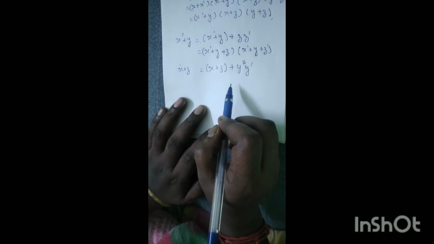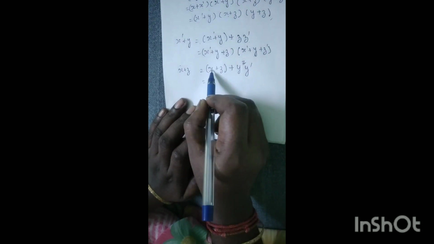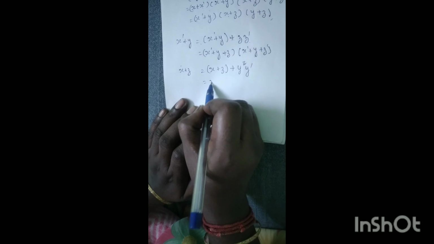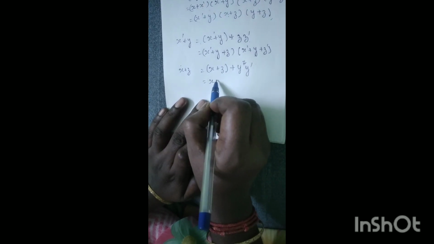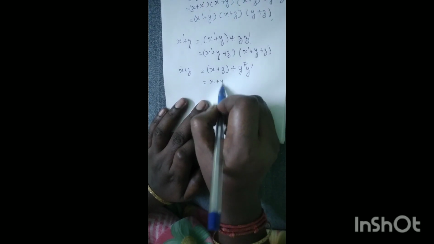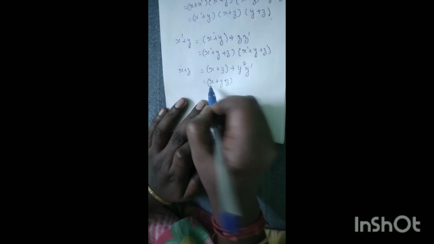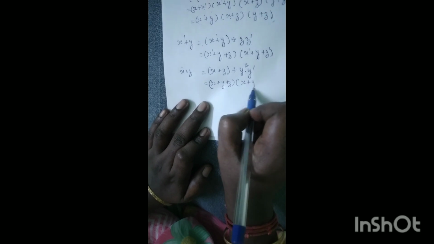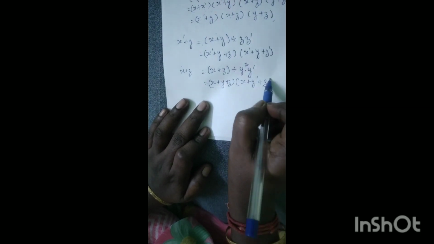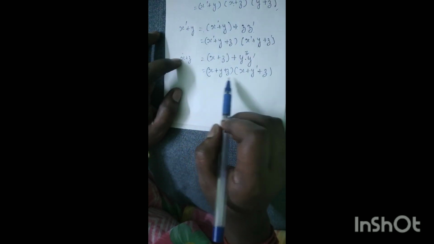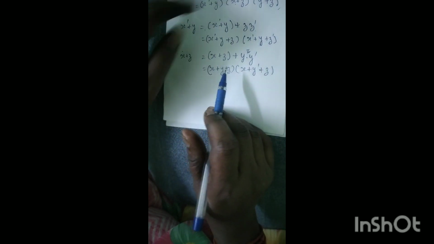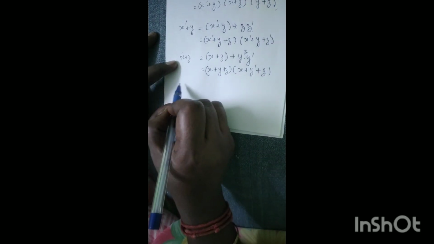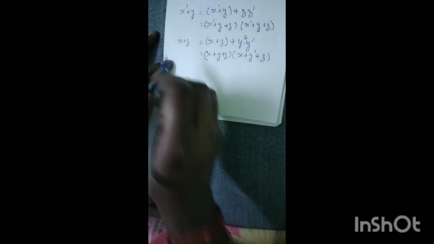Now we apply the distributive law. It becomes x plus y plus z into x plus y dash plus z. In this OR term also we included the missed variable y. It becomes max terms.